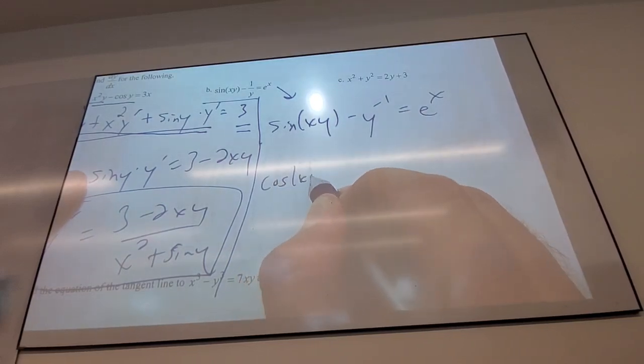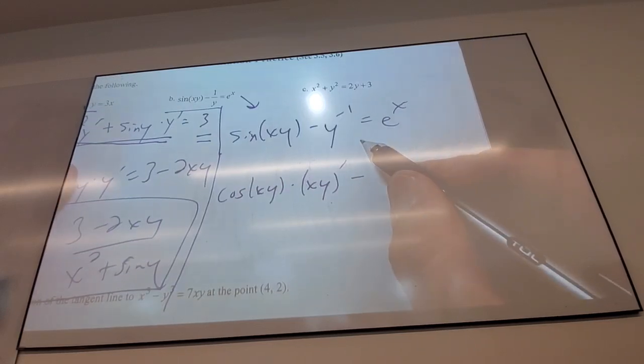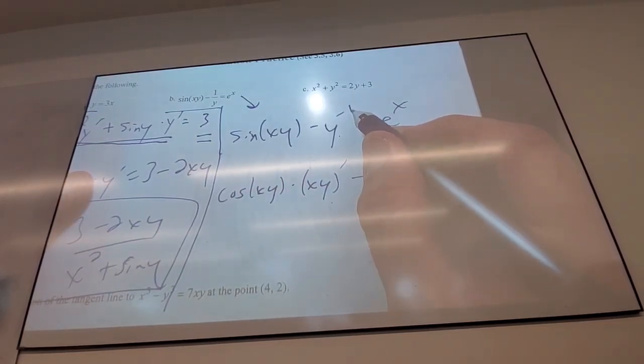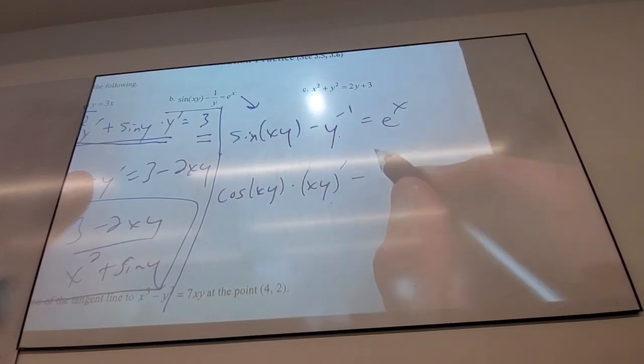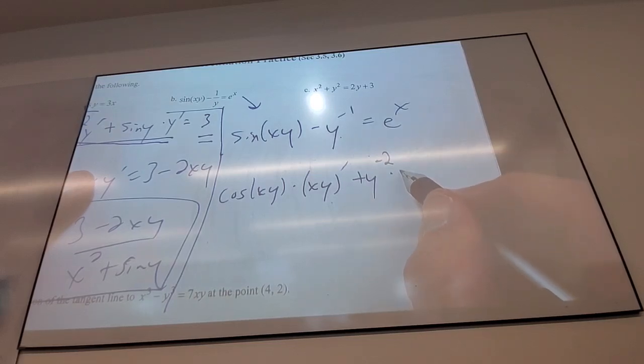Cosine stuff times the derivative of stuff. How do I take the derivative of something to the negative 1? You use the power rule. The negative 1 comes down and makes it plus, positive y to the negative second, and then the stuff gets a term. Of course it does. Poor little stuff.